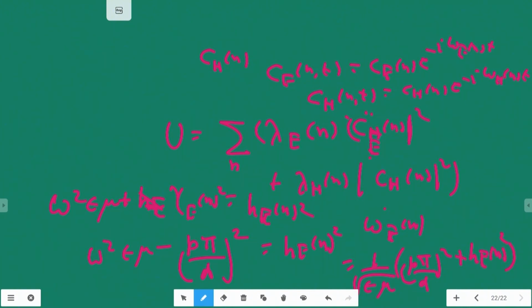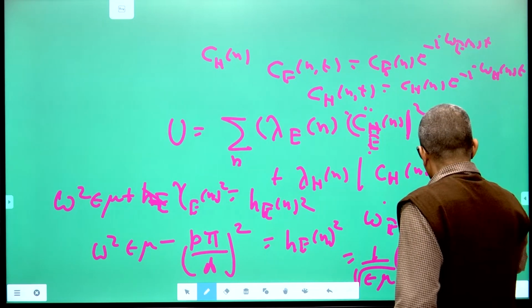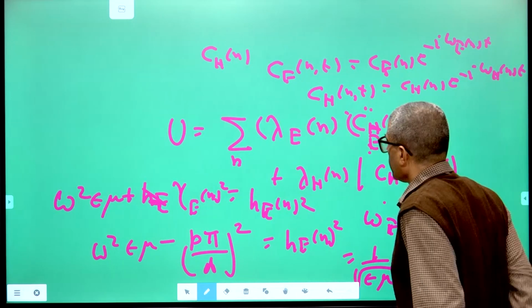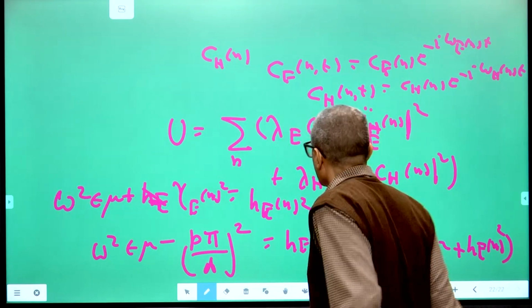This is the generalization of the formula for the resonant frequencies within a rectangular cavity resonator. In the rectangular cavity resonator, your HEN square gets replaced by n square pi square by a square plus m square pi square by b square. Here you put HEN because HENs are obtained by solving the Dirichlet problem for this curved boundary.